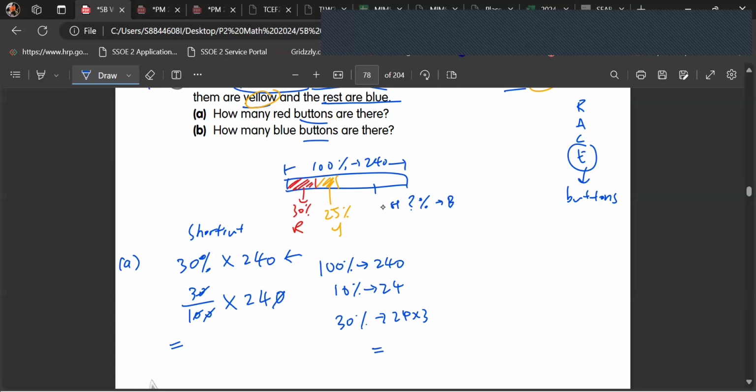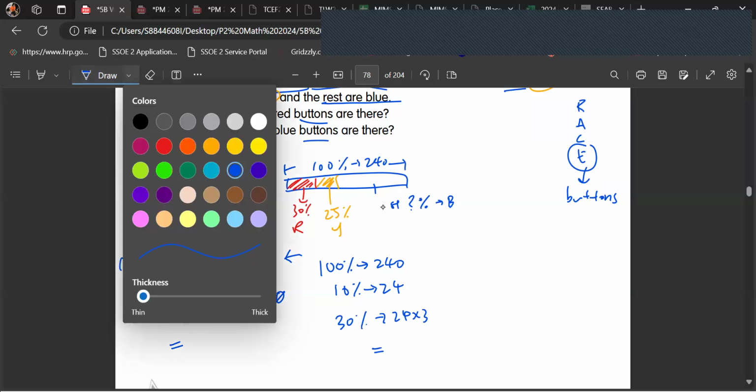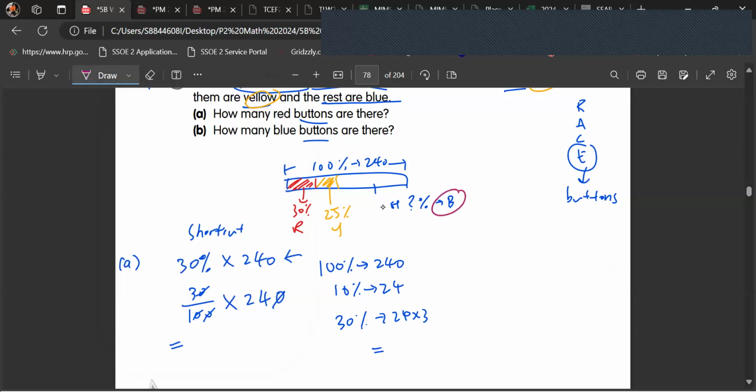Okay, then you have to find B. There are so many methods to solve B. I could do the percentage. Blue being 100% minus 30% minus 25%.